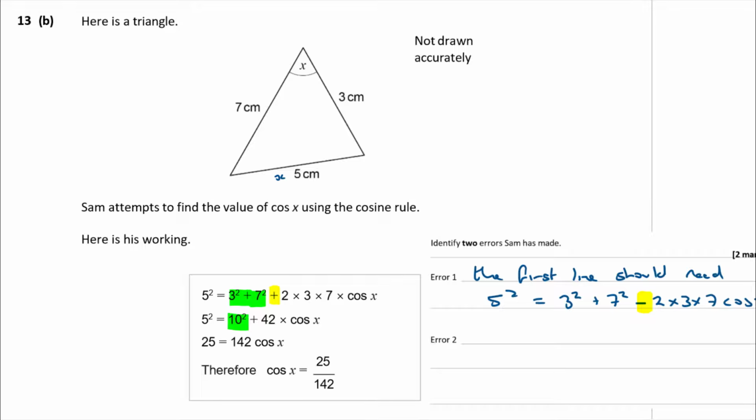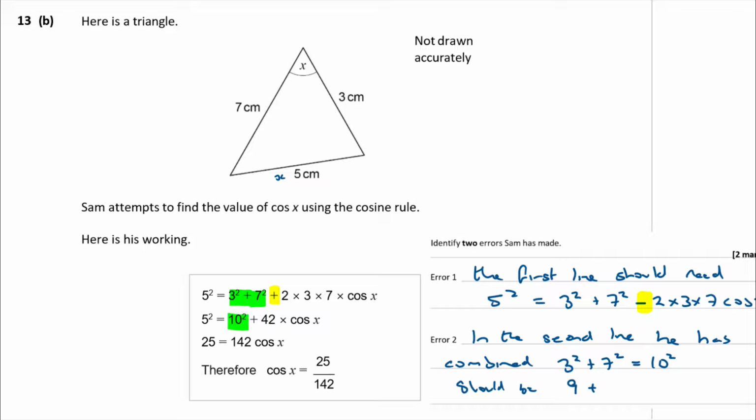So in the second line, he has combined 3 squared plus 7 squared into 10 squared. Should be 9 plus 49 equals 58. Think that will do?